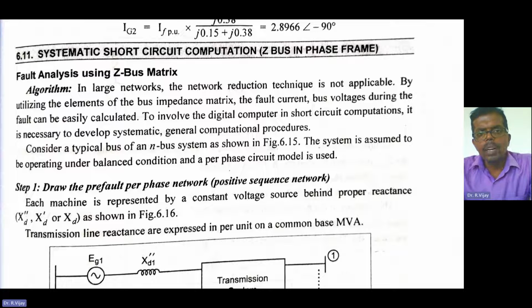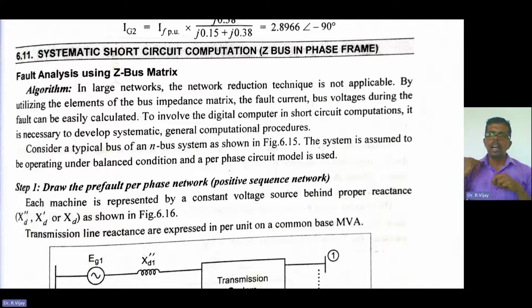In a large network, the network reduction techniques are not applicable. Say, for example, if you take a two bus system or three bus system, the network reduction is possible. Up to a 5 bus system, network reduction is possible because we have already seen in many classes how to reduce it. For a 4 bus system, the matrix size is 4x4, and that 4x4 matrix can be reduced to a 3x3 matrix using the cross reduction method and some shortcut techniques.